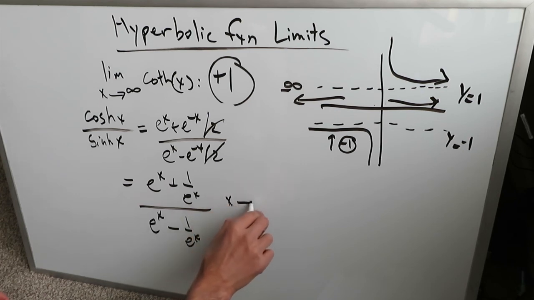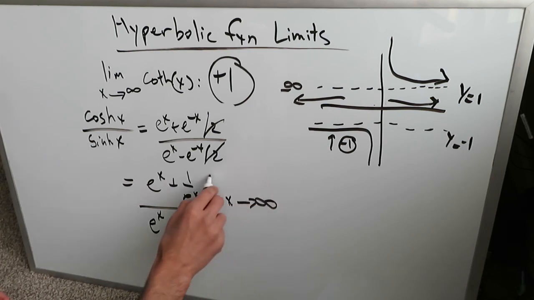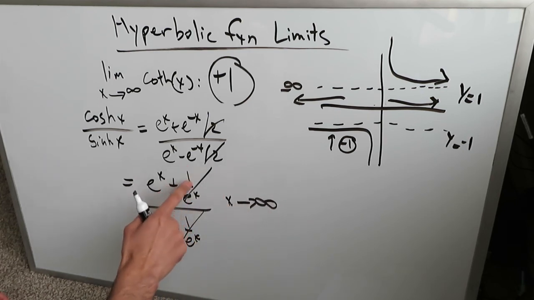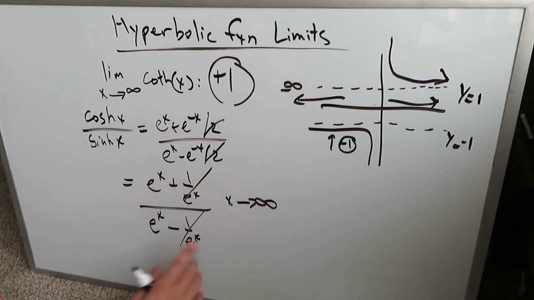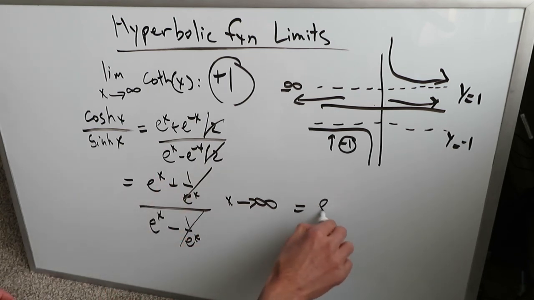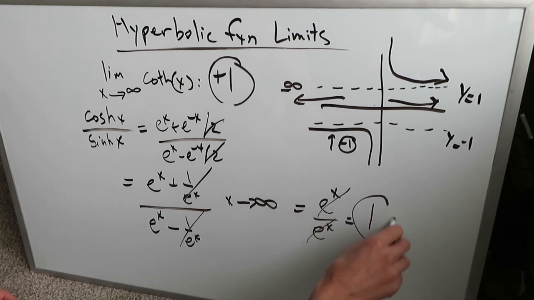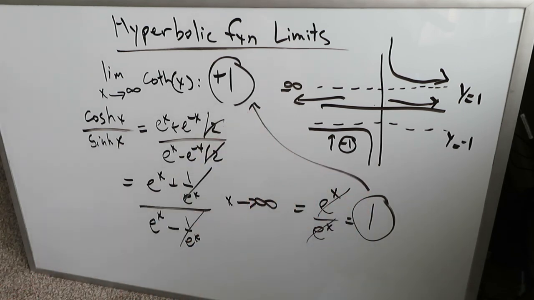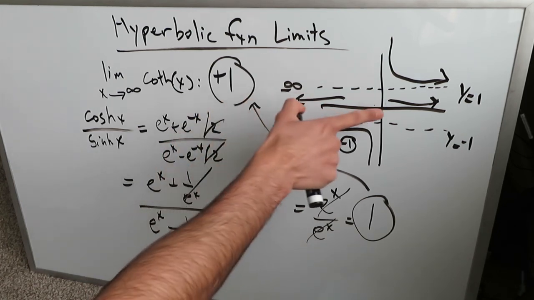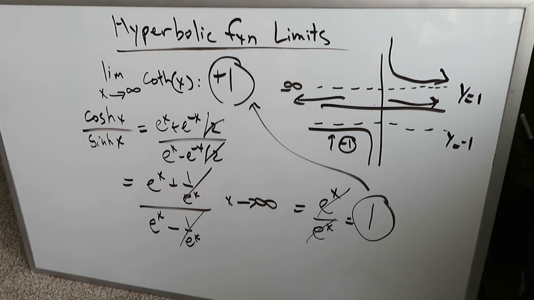Now as x approaches infinity, these 1 over e to the x values will zero out because you'll have 1 divided by such a large number, and you end up getting e to the x over e to the x. Like terms cancel out and give you that 1, which mirrors exactly what you're getting over here, corroborating what you've determined mathematically with what you've determined graphically.